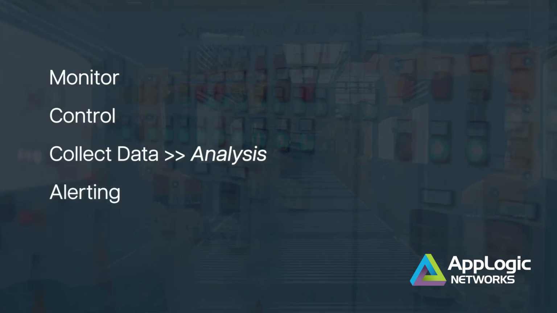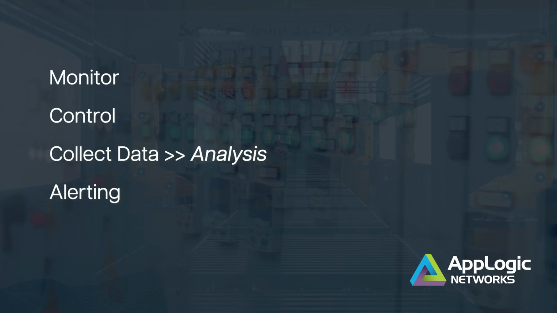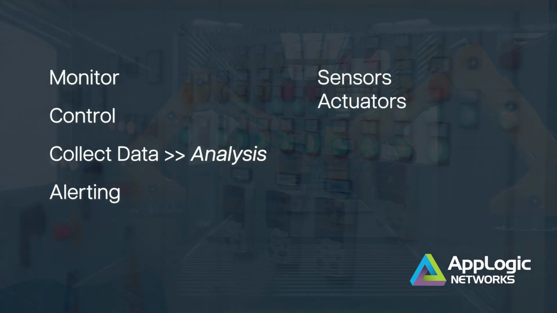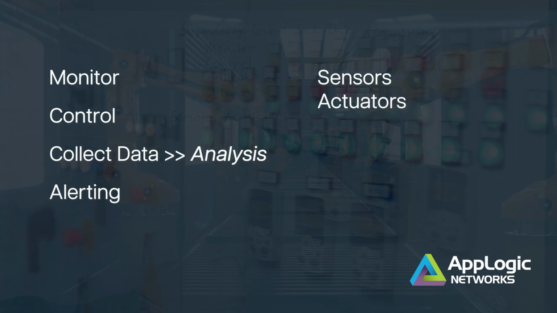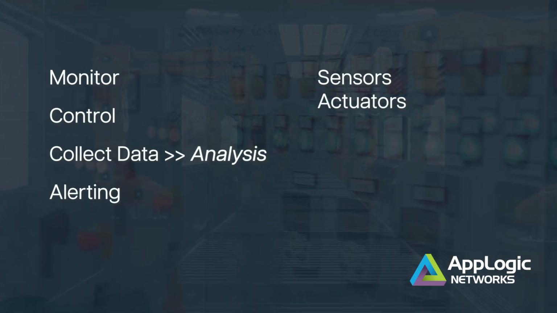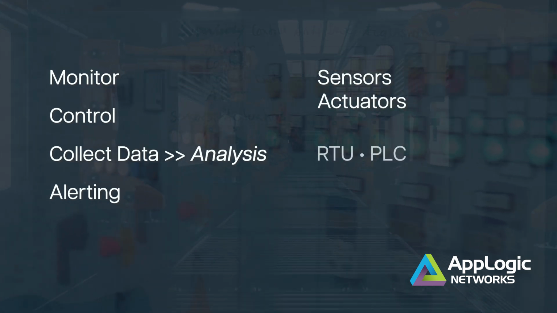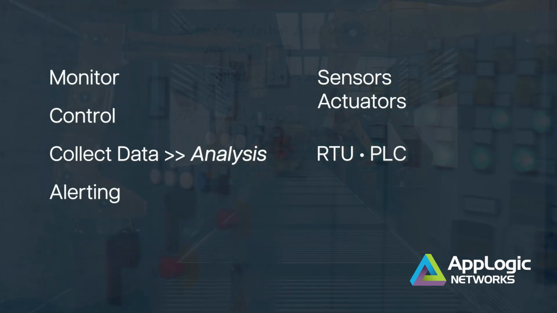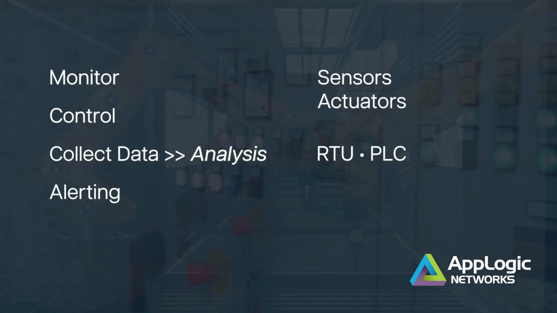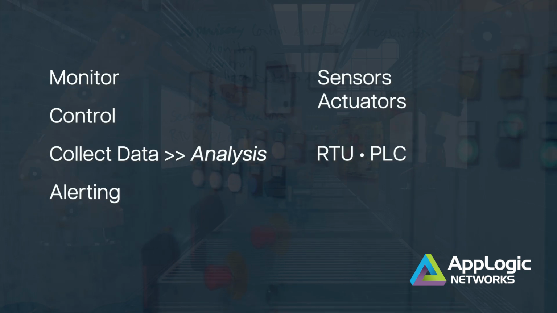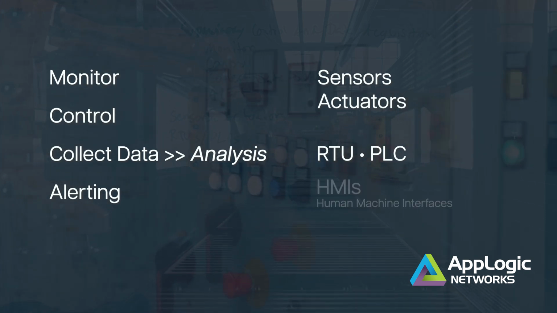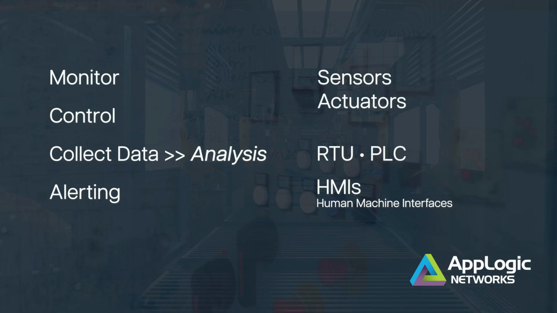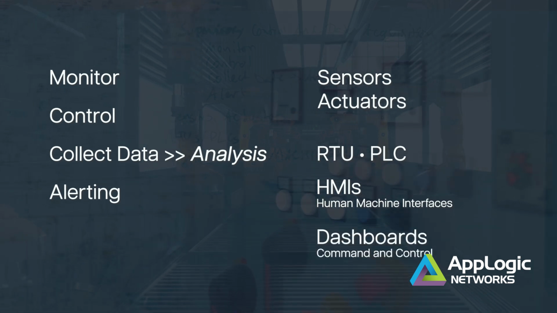Any SCADA network will have sensors and actuators, things that read and things that take some kind of action. It will have RTUs or PLCs that run software that controls the sensors and actuators. And the RTUs then connect to HMIs, which are where the engineers look at dashboards and send commands and take control over the systems.